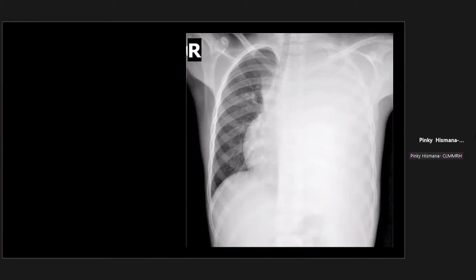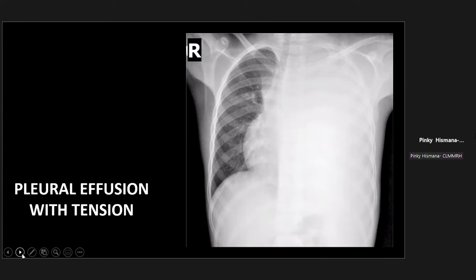But with the way the opacity here is homogeneous, it is more indicative of the presence of fluid. If this were a mass lesion, it would usually be more heterogeneous, meaning the opacity is not equal throughout. Nevertheless, this is a case of pleural effusion with tension.